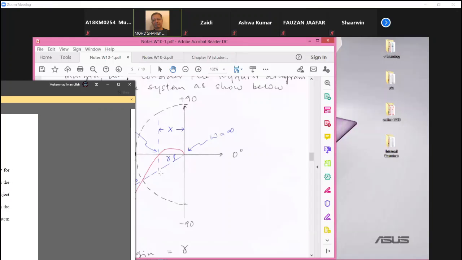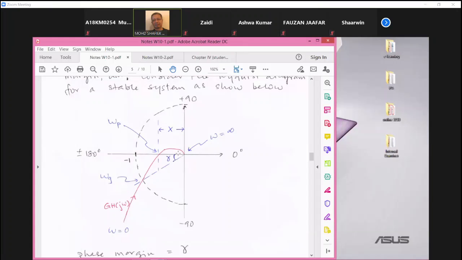You draw a line to the origin, and that angle is known as the phase margin. When the phase margin is getting smaller and smaller, you know that the system is getting closer and closer to becoming unstable. A large phase margin, the system is more stable. A smaller phase margin, the system is closer to unstable.